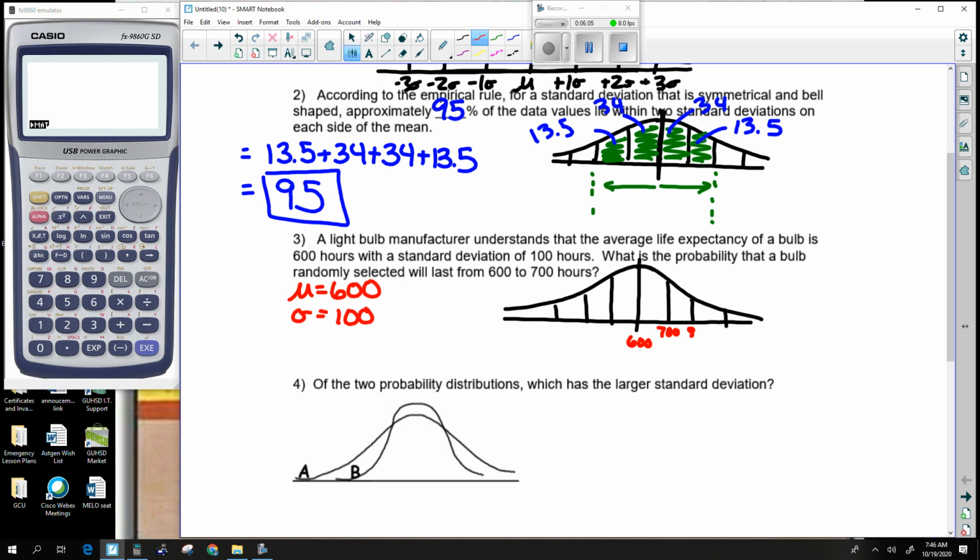So that'd be 700, 800, 900, and this would be 500, 400, 300. And they want to know between 600 to 700. So 600 all the way up to 700 would be that 34, and that's it right there. So it's just straight up 34.